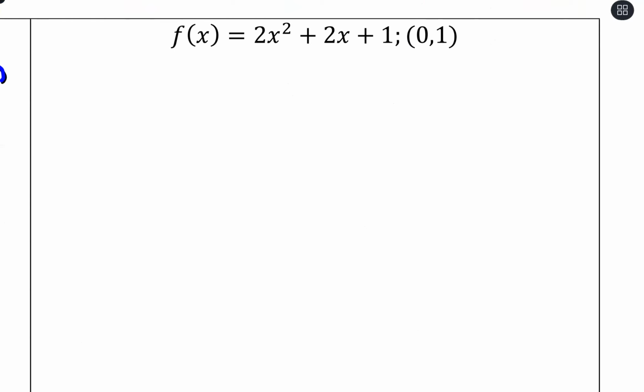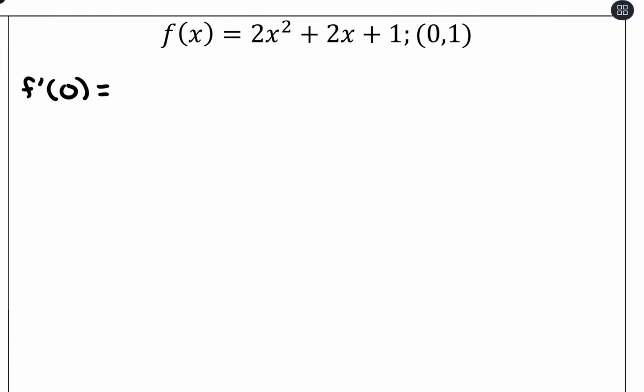All right, another scenario here. We're going to take the first derivative of our function at x equals 0. Ooh, this is going to be nice because with zeros, a lot of stuff just cancels out. So the limit as h approaches 0 of 2 times 0 plus h. I'm going to write out the full notation since we're getting started with these.